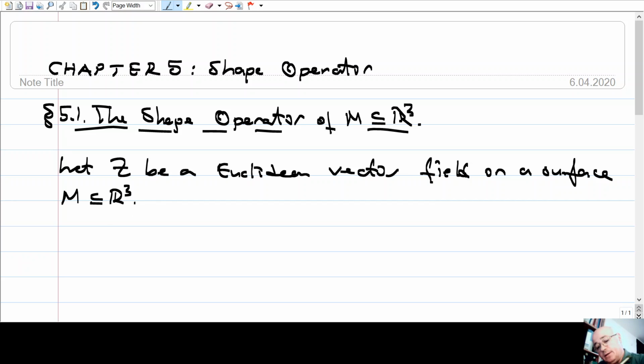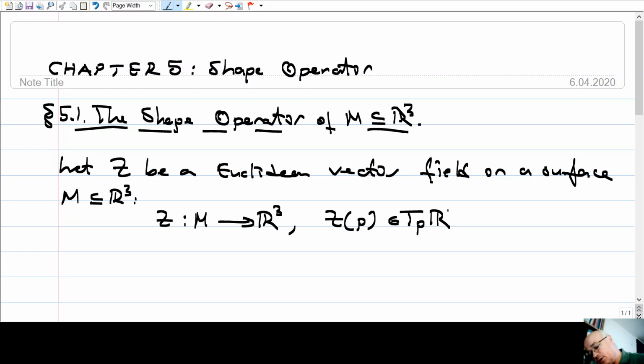So what is this? This is a function defined on M, and it takes values in R3. Namely, actually, it takes values in the union of tangent spaces. So at each point, this is an element of the tangent space to R3. So it doesn't necessarily lie inside the tangent space of M.